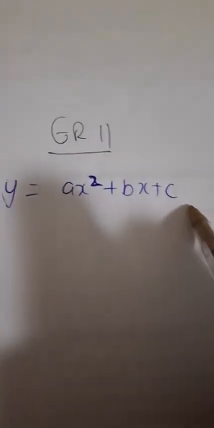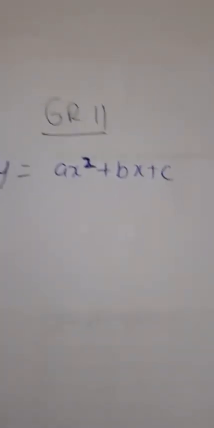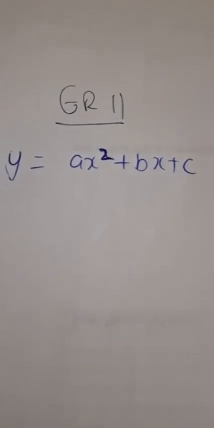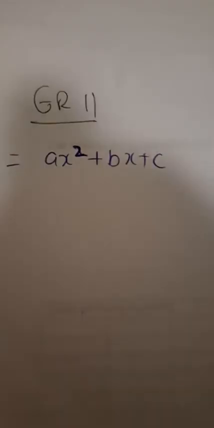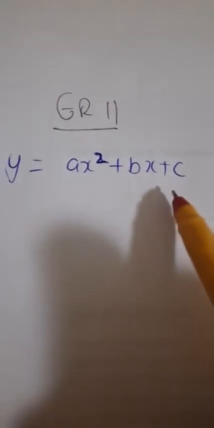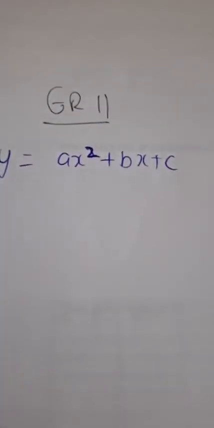You're not seeing this form for the first time. When you did completing the square of a quadratic expression, you were exposed to the quadratic form of the parabola earlier in the year in term 1.